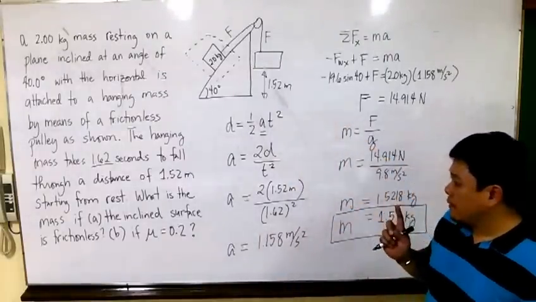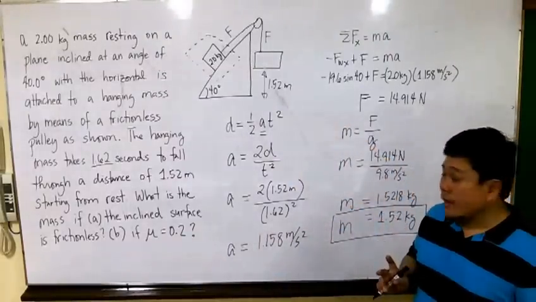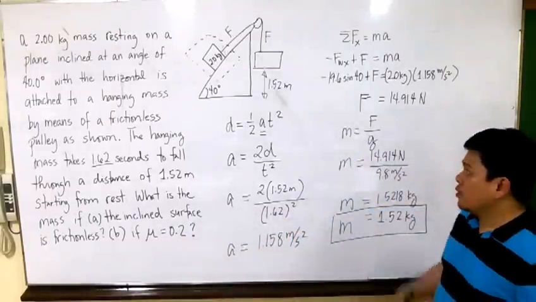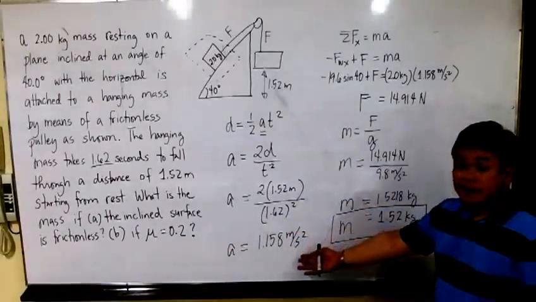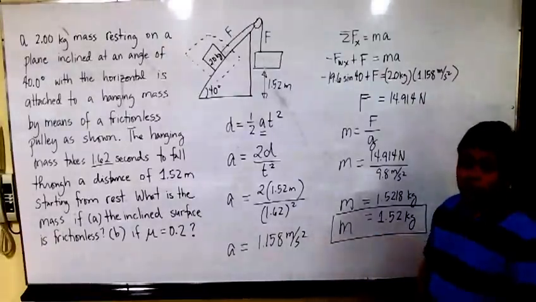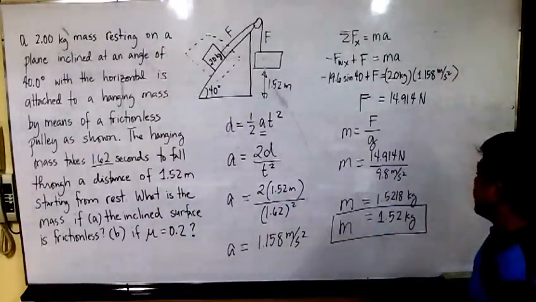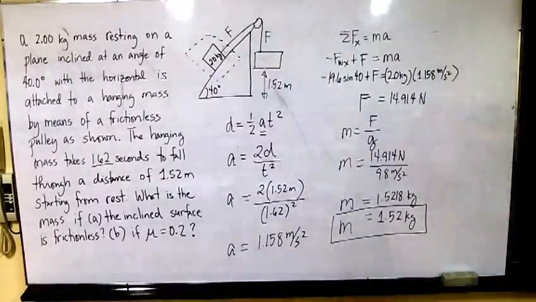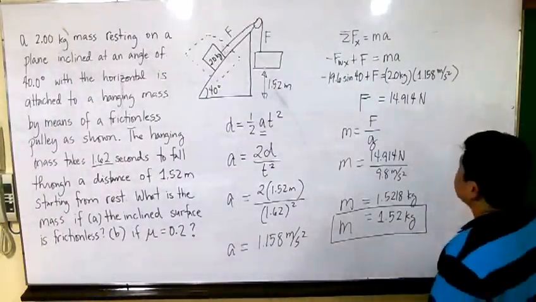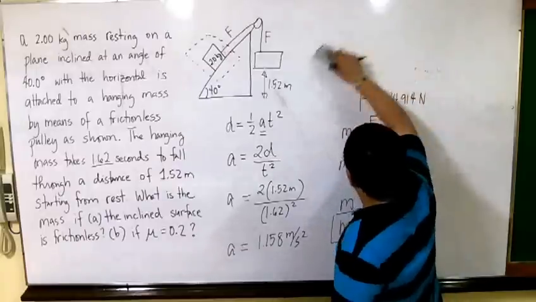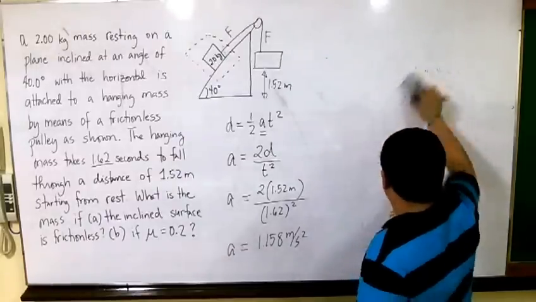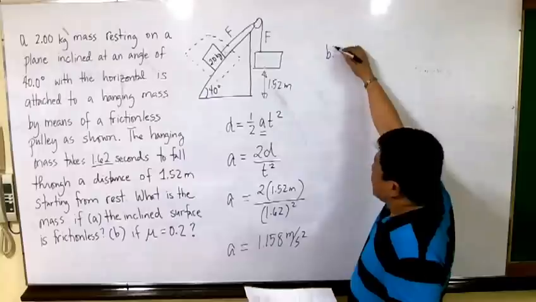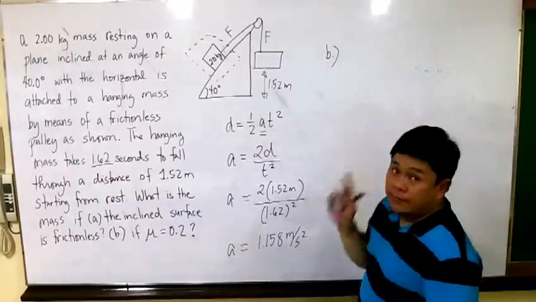Now, but what if the surface has friction, mu is equal to 0.2, and you are to maintain the same acceleration, 1.158 meters per second squared. Okay, how do we do that? So this time around, letter B, there is friction.